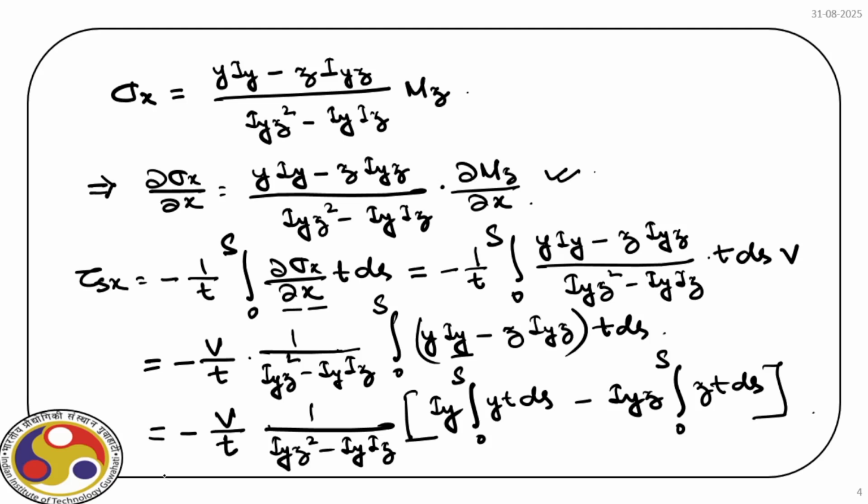Now if you recall, for a rectangular cross section, what is this expression? It was Q, but this time we consider y and z, that means this is Qz and this is Qy.